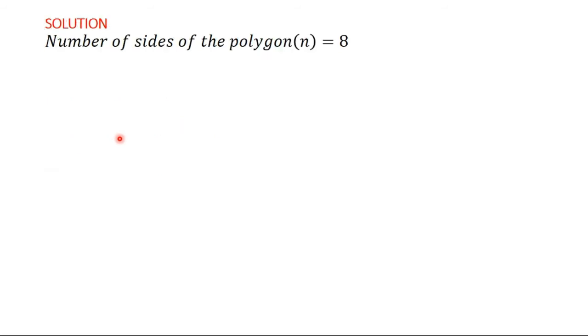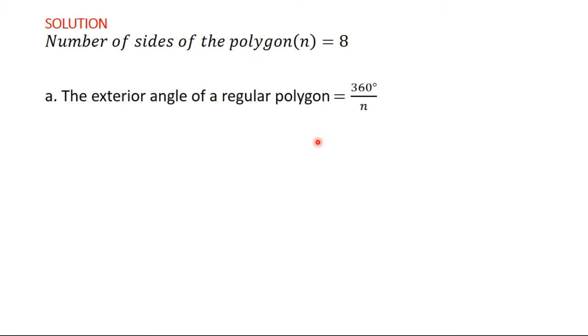Okay, we know that the number of sides of the polygon is 8, so it means that n is 8. The first question told us to find the exterior angle of the polygon. We know that the exterior angle of a regular polygon is equal to 360 degrees divided by n. Remember, this is different from the sum of the exterior angles.